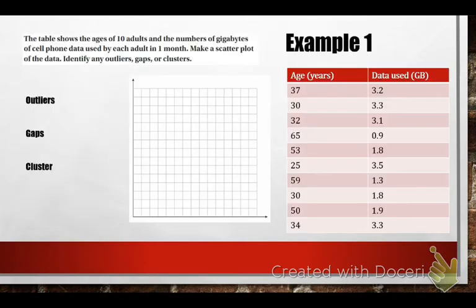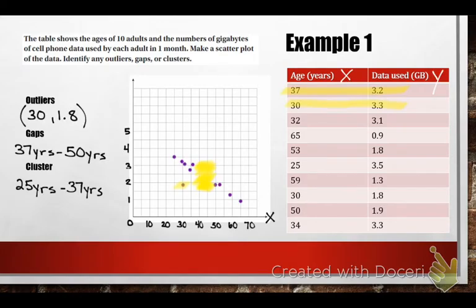If I wanted to describe the relationship in a sentence, you're describing how the X and Y values relate. This is what you would say: as age increases, what did my Y value stand for?